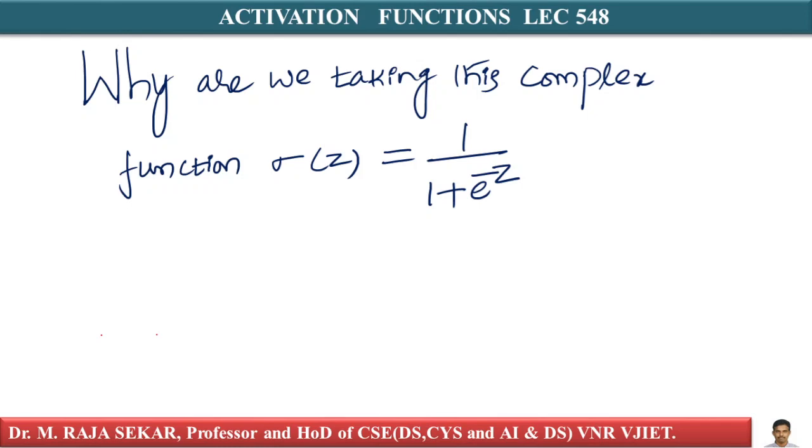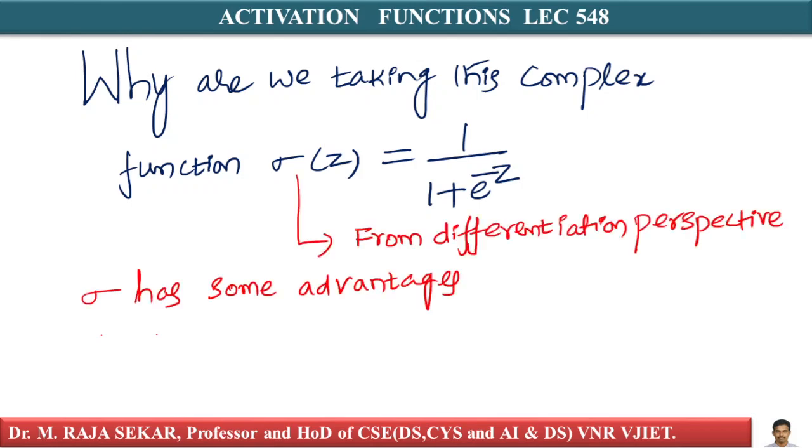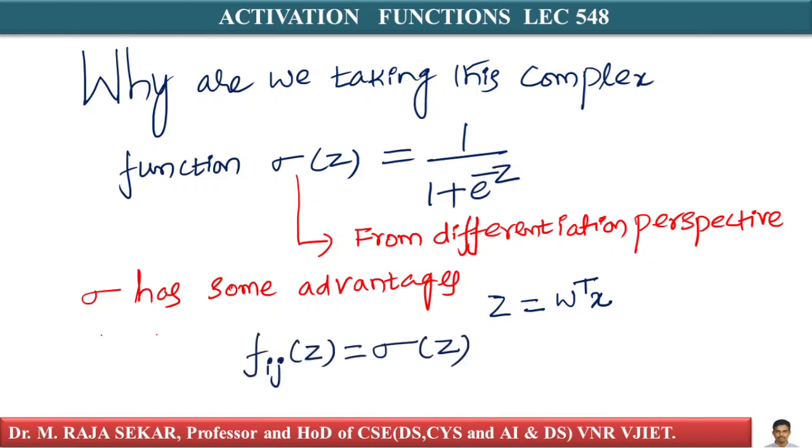Let's see. What is my sigma of z? 1 by 1 plus e^(-z). My z is equal to W transpose X. F_ij of z is nothing but sigma of z; here F_ij is the sigmoid function.